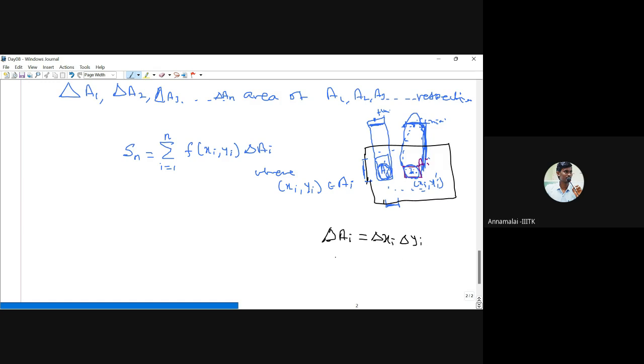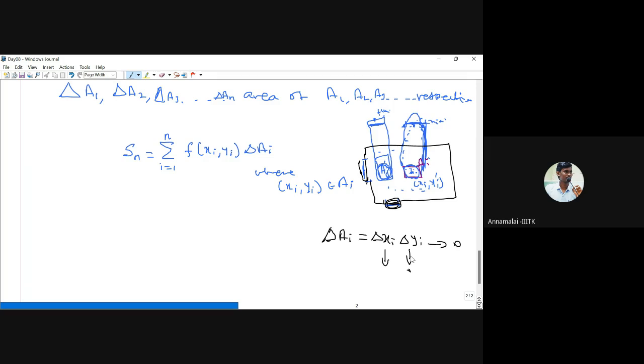So this x-axis length, delta xi, approaching a very small length means we cover more area. Similarly, if we reduce the length on the y-axis side also, we cover more area. That means if delta x and delta y approach 0, we cover more area.